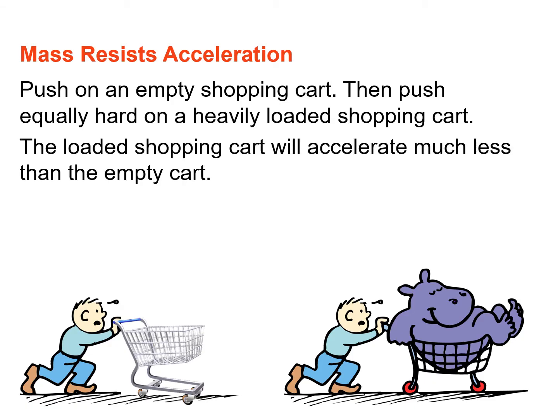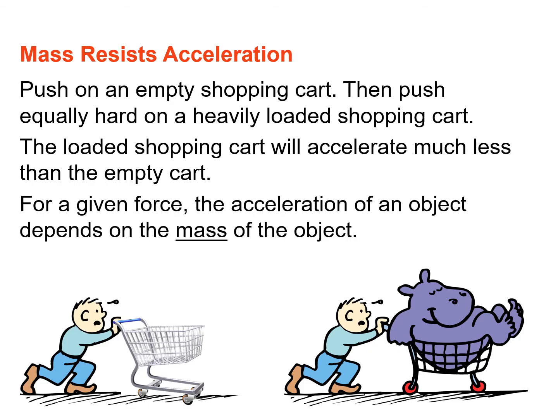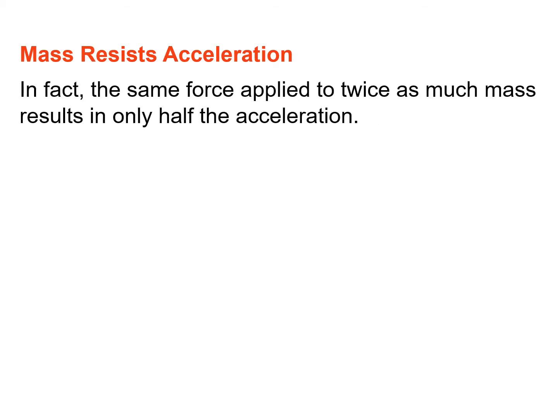The loaded shopping cart will not accelerate as much. What this shows is that for a given force, if we push equally, the acceleration of an object depends on its mass. But that dependence is inverse.